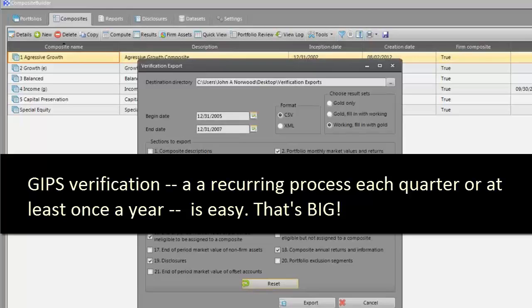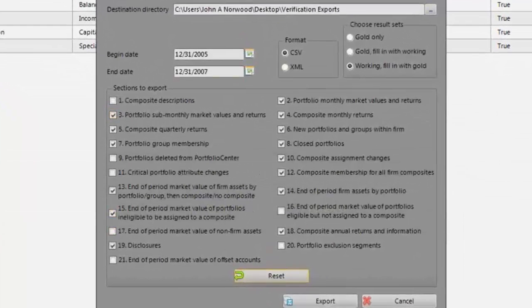Ashland Partners is an accounting firm that does third-party verifications of performance numbers for firms that are claiming GIPS compliance. There are half a dozen different firms that do verification for advisors, and Ashland is one of the top tier firms.